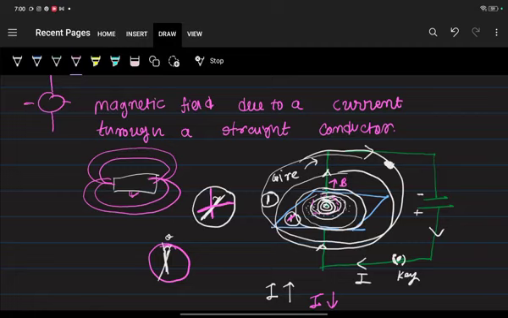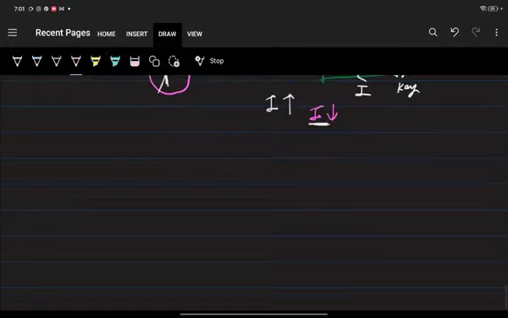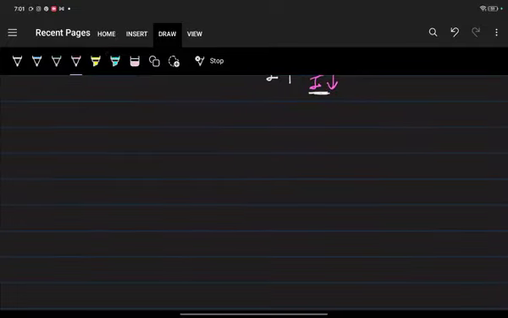From here we concluded that the magnetic field lines are circular ones, making concentric circles. We also see that if you increase the electric current, the magnetic field increases. If you decrease the electric current, the magnetic field decreases. Let's write all these points, and some questions also.